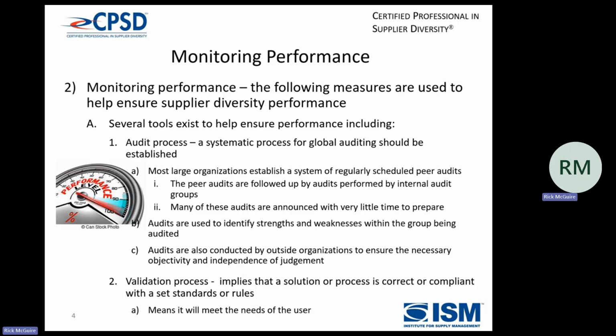The peer audits are followed up by audits performed by the internal audit groups. And many of these audits are announced with very little time to prepare. Audits are used to identify strengths and weaknesses within the group being audited. And audits are also conducted by outside organizations to ensure necessary objectivity and independence of judgment, such as ISO.